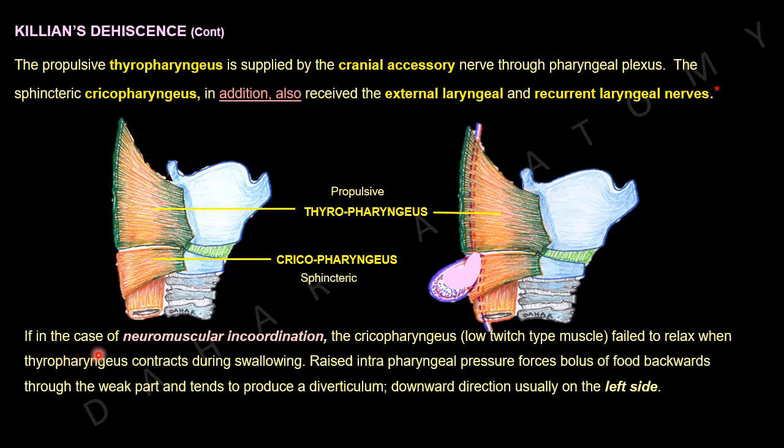In the case of neuromuscular incoordination, the cricopharyngeus, which is a slow twitch type of muscle, fails to relax when the thyropharyngeus contracts during swallowing. Raised intrapharyngeal pressure forces the bolus of food backwards through the weak part and tends to produce a diverticulum. It may be directed downward, usually on the left side.